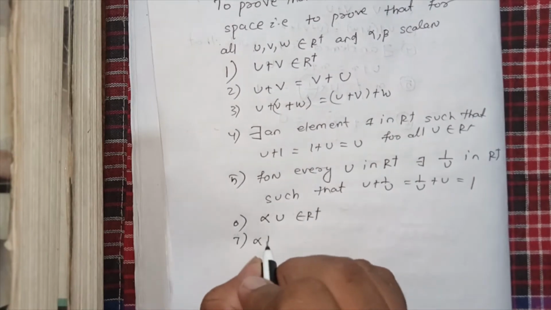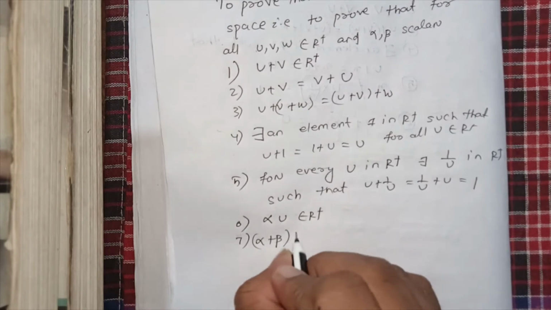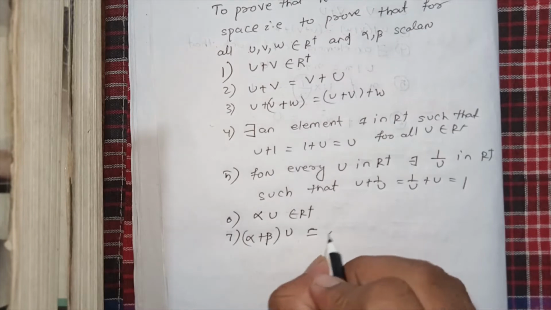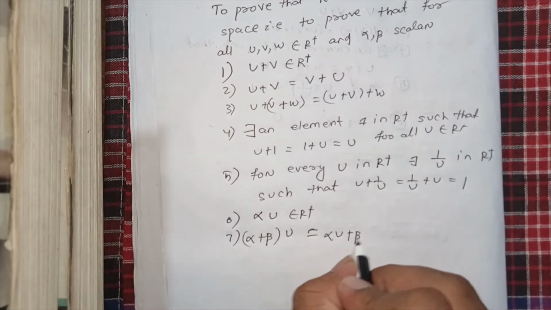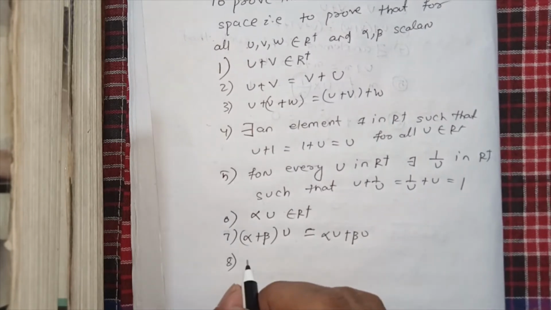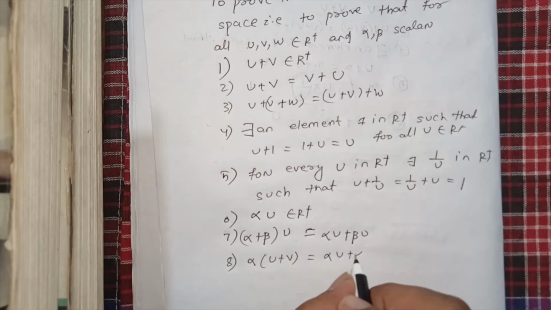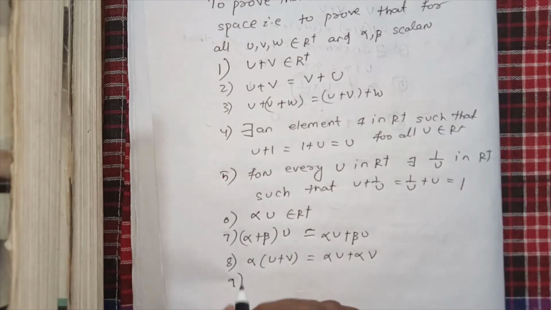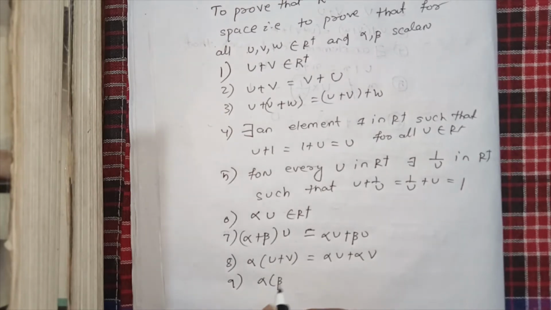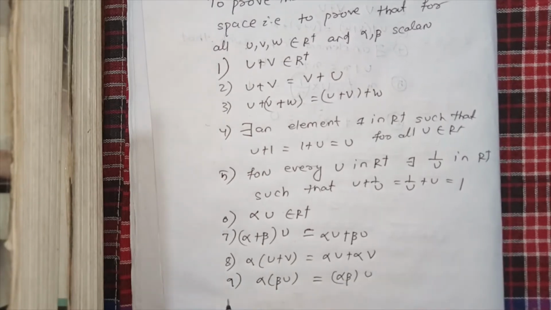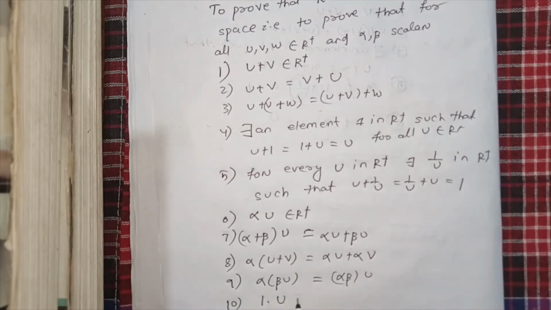The 7th is that alpha plus beta into u is equal to alpha u plus beta u. Number 8, that alpha into u plus v is equal to alpha u plus alpha v. Number 9 is that alpha into beta u is equal to alpha beta into u, and the last is that 1 into u is equal to u.